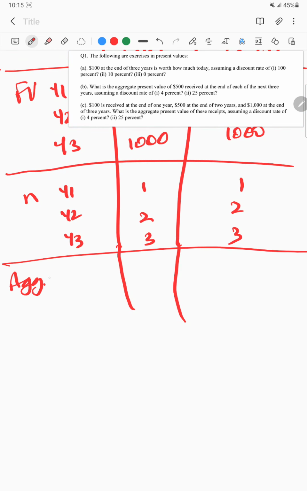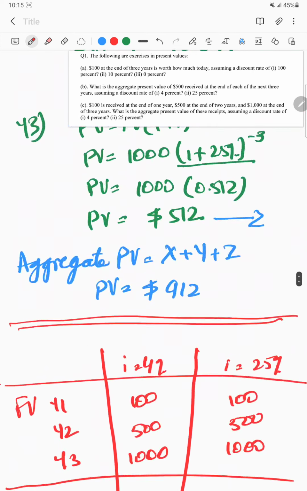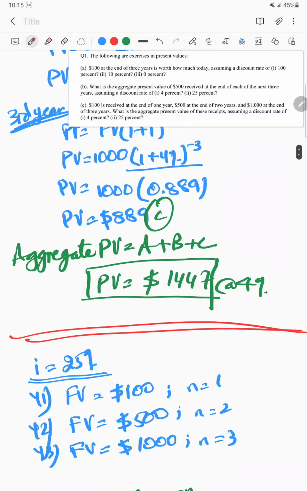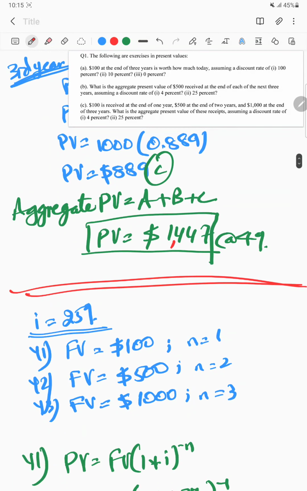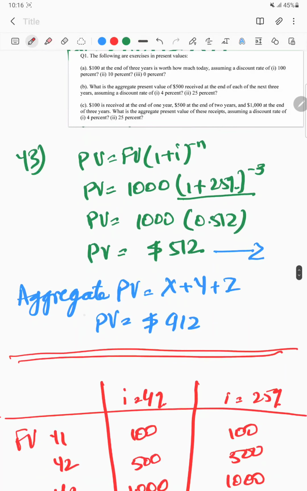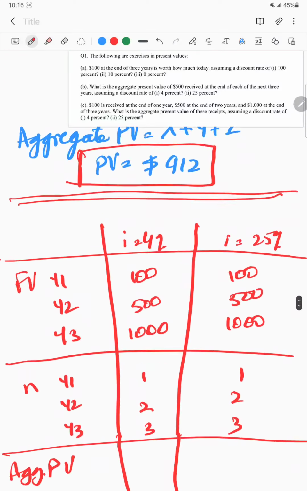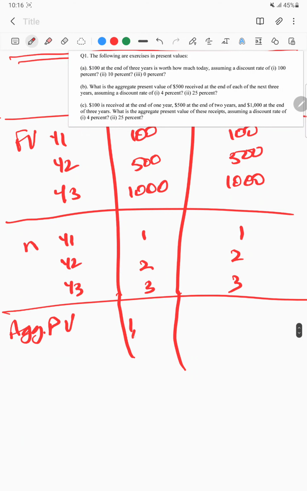Aggregate present value here came as $1447, and here the aggregate present value is $912.